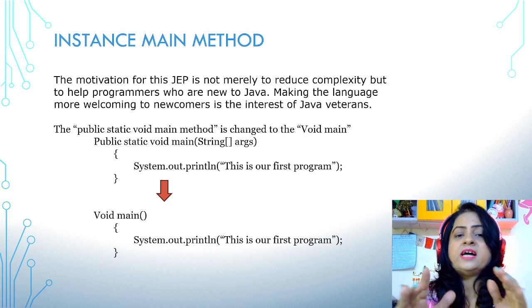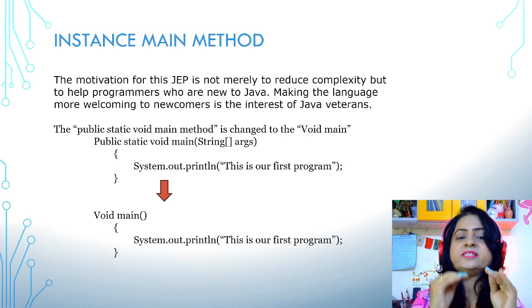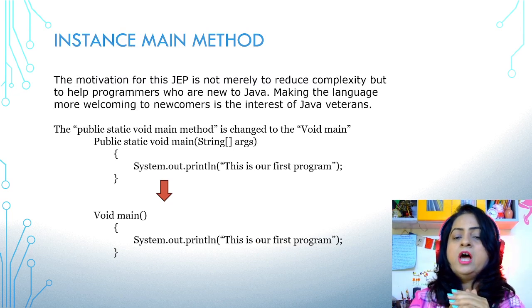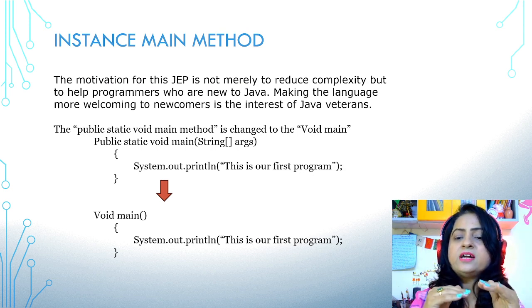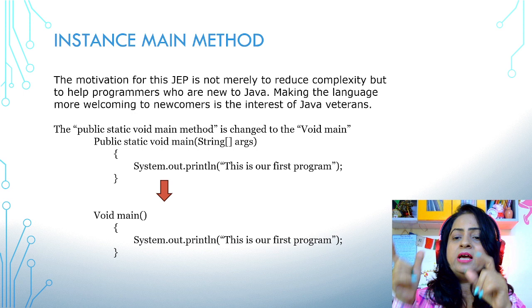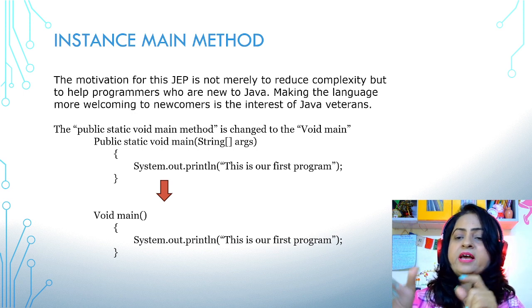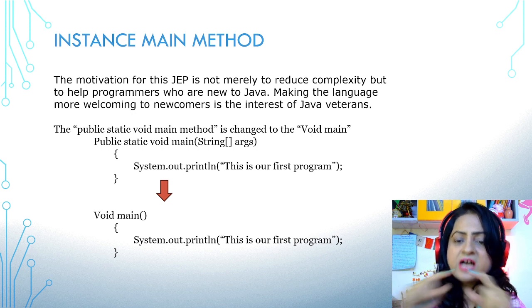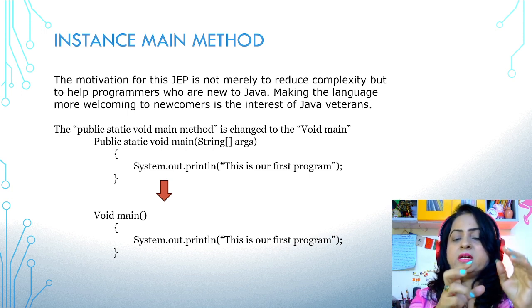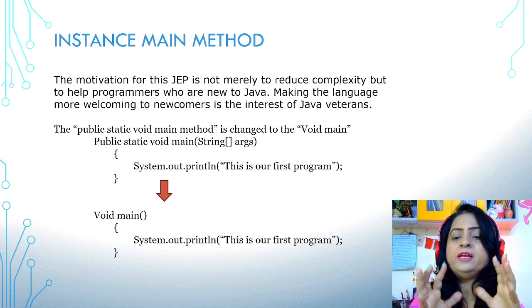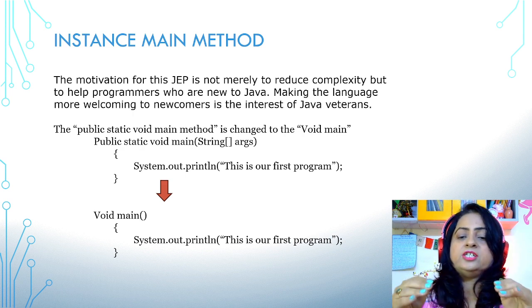We'll start with our first preview feature, which is the instance main method. Remember those days when you started Java, you always started with public static void main, then an array of String as argument, right? This has to be like this, and it is under a public class. This is how you compile your first program when you enter the Java world.